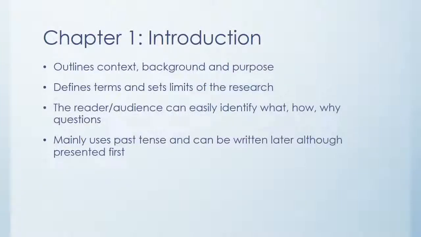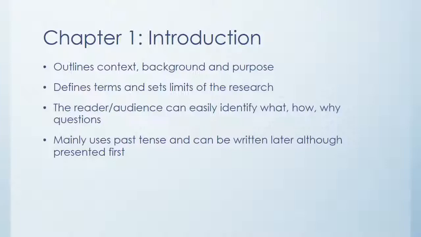Let's start with chapter 1, introduction. What does it outline? You have to outline the context, the background, and the purpose. Why your study? Why is it important? Why should you do it? You should define terms and set limits of the research. What are the limitations? The reader audience can easily identify what, how, why questions.